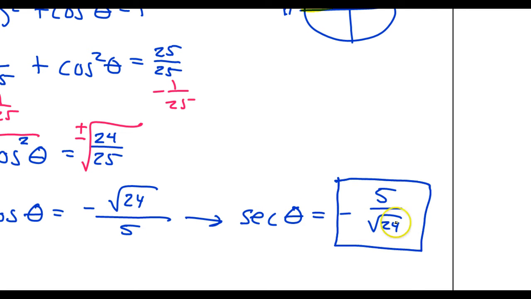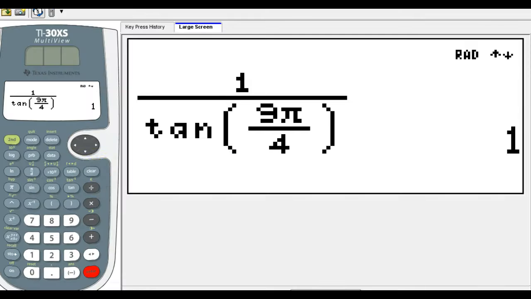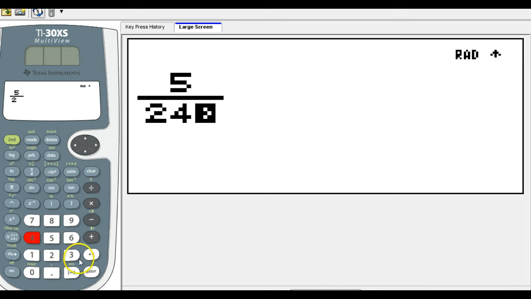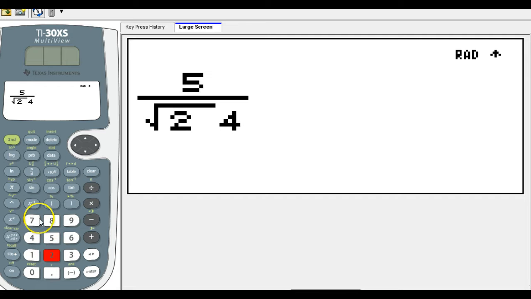Now I could rationalize the denominator and write this in a different form. I wonder what the calculator would say. 5 over radical 24. Oops, I missed my radical. Having a hard time here, guys.